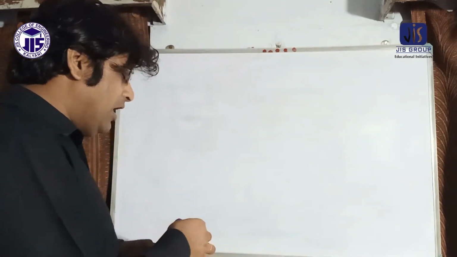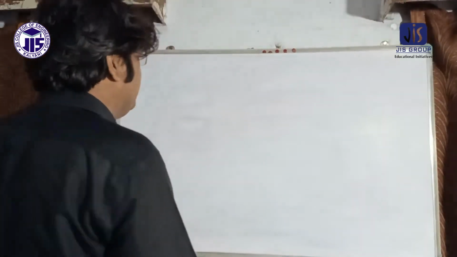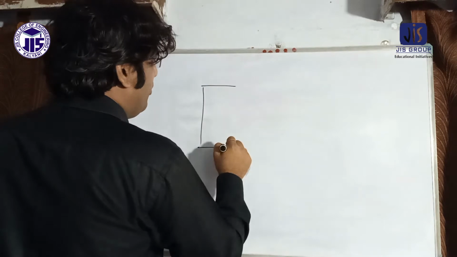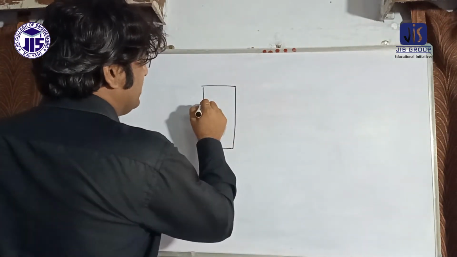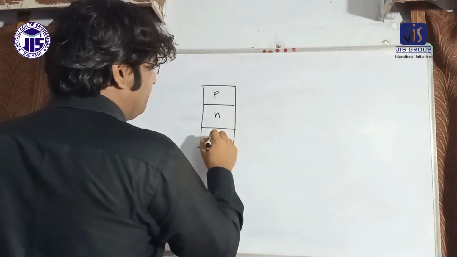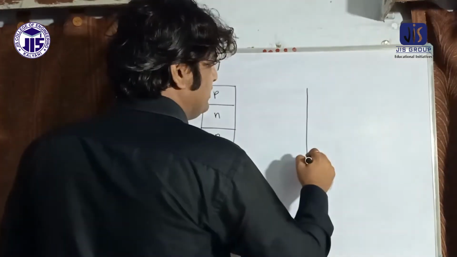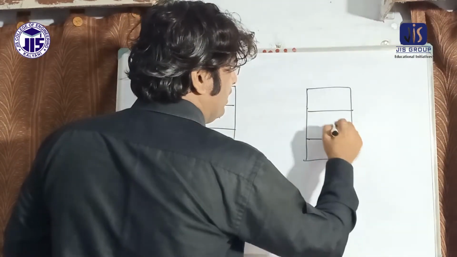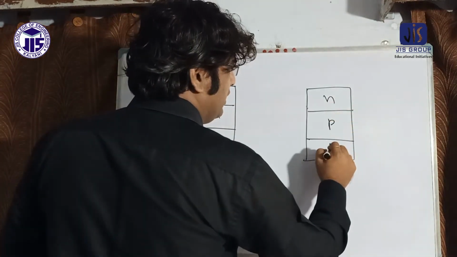First of all, I want to represent very easily the PNP and NPN concept. We already know about PNP and NPN. Suppose this is PNP, and here it is NPN.